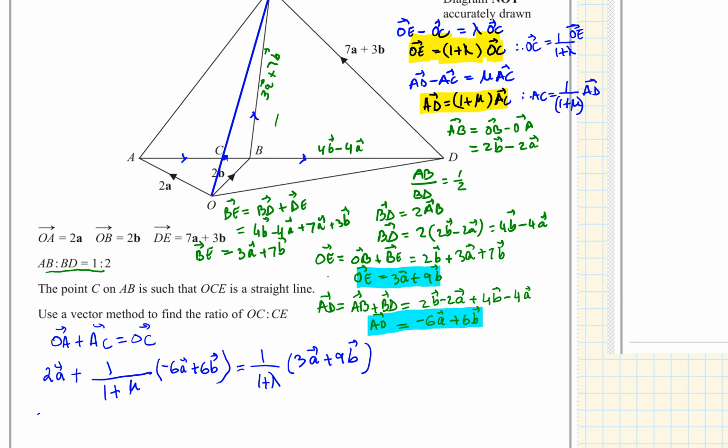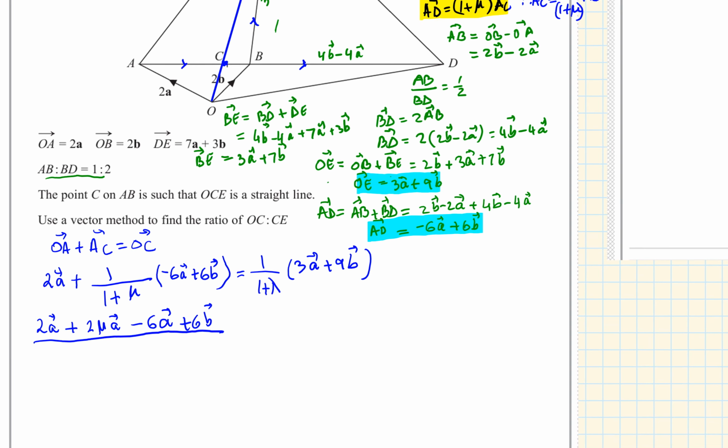So it will be 2A plus 2 mu A minus 6A plus 6B over 1 plus mu, and that is equal to 3A plus 9B over 1 plus lambda.